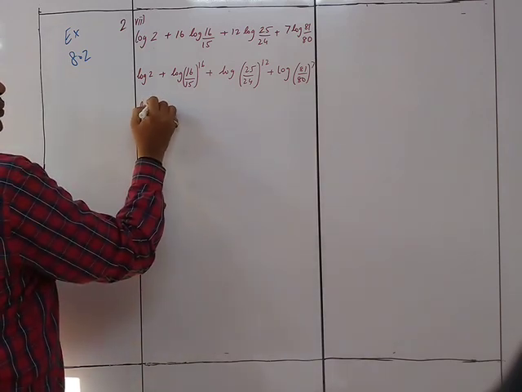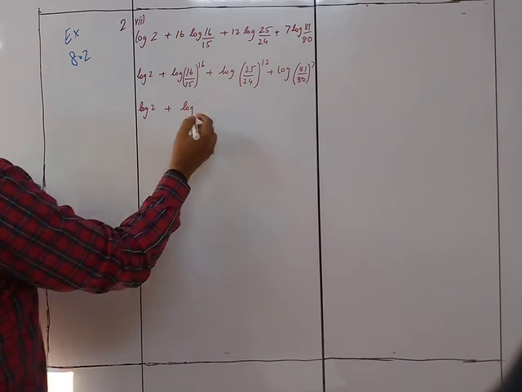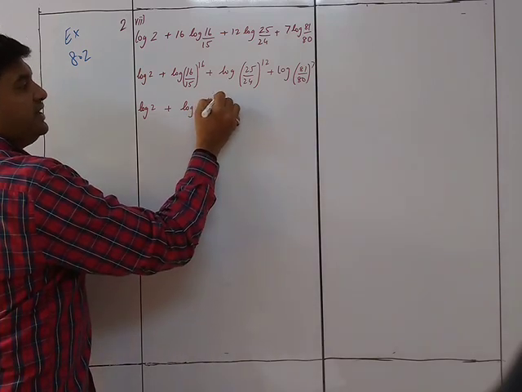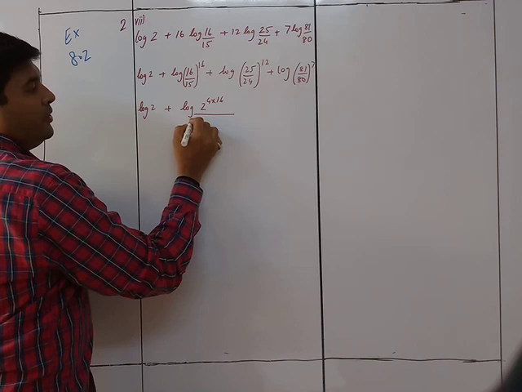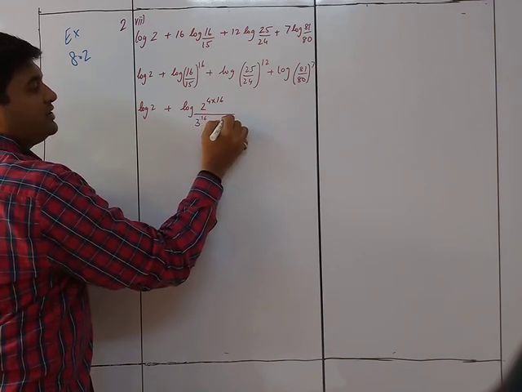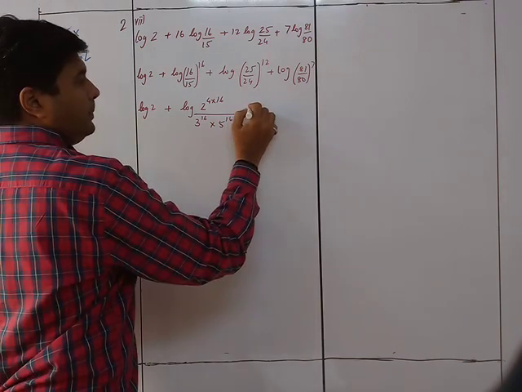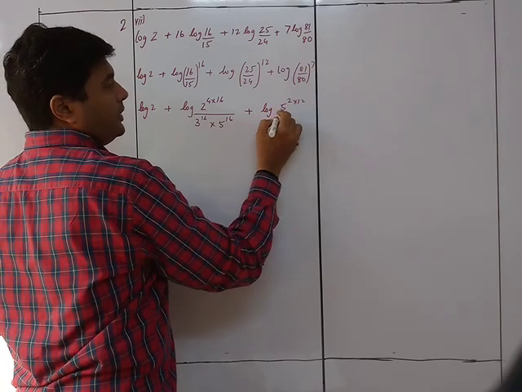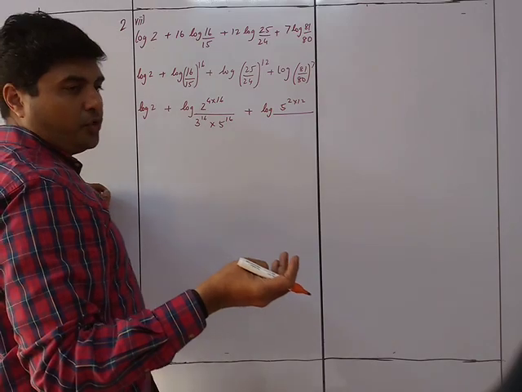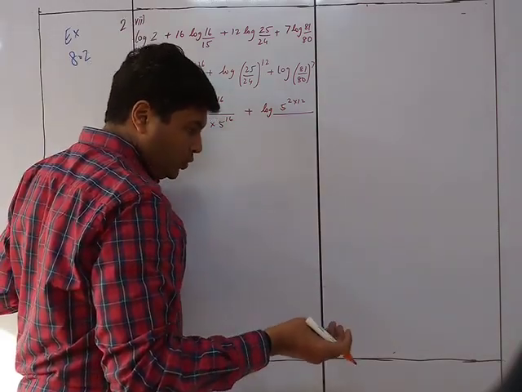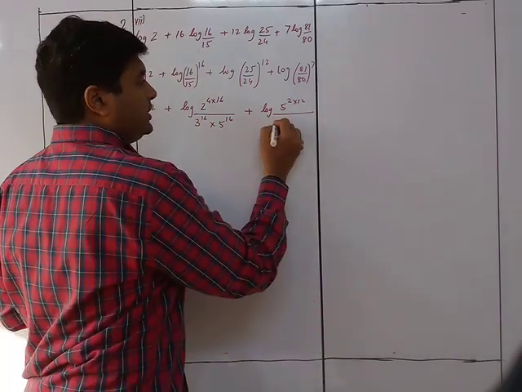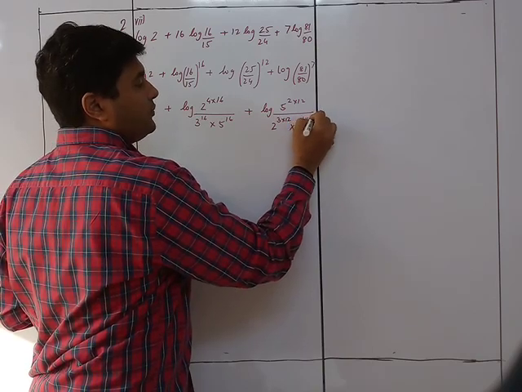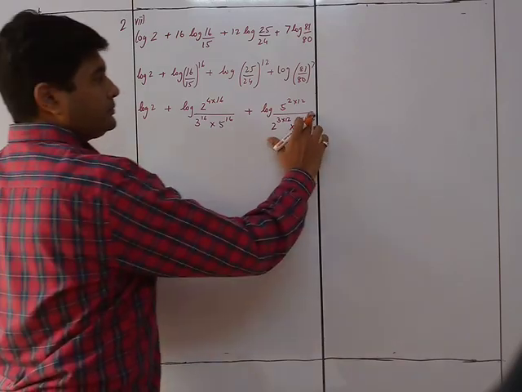So it will be log of 2 plus log of 16, which is 2 raised to 4, so 4 into 16, upon 15, which is 3 raised to 16 into 5 raised to 16, plus log of 5 square upon 2 raised to 3 into 3, the whole raised to 12, so 2 raised to 36 into 3 raised to 12. Got it?